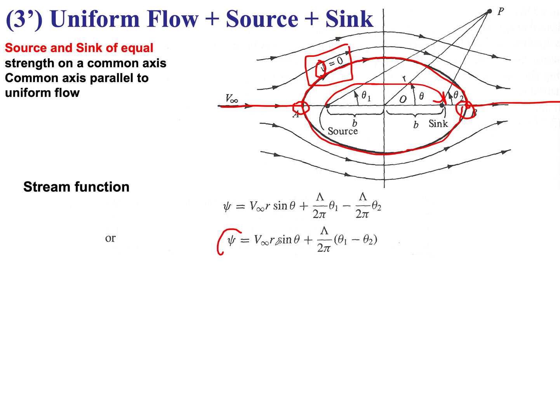So you plug r stagnation, theta stagnation, and now this system is slightly more complex to do analytically. It's much easier to do through plotting software. Here it's given in terms of three coordinate systems: r and theta, then theta 2 and theta 1.